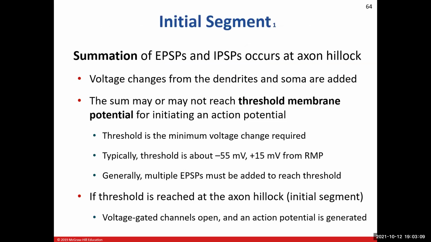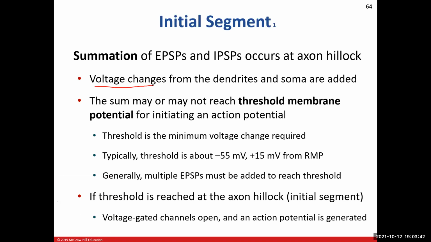I think in first grade, nowadays it might even be sooner, you learn about addition and subtraction. When they talk about getting the sum of something, that's adding everything together. Well, at the initial segment, this is where we get the summation, the sum of all the EPSPs and all the IPSPs. This is where you go to cash out your chips. So we're going to add up all the voltage changes that occurred in all the dendrites and the cell body.